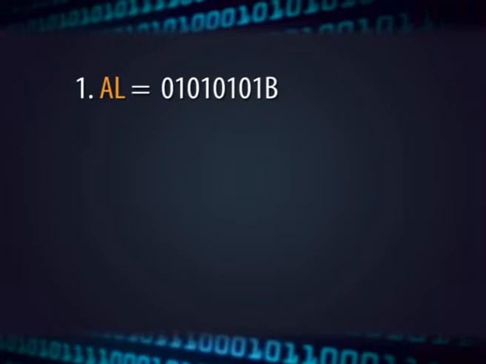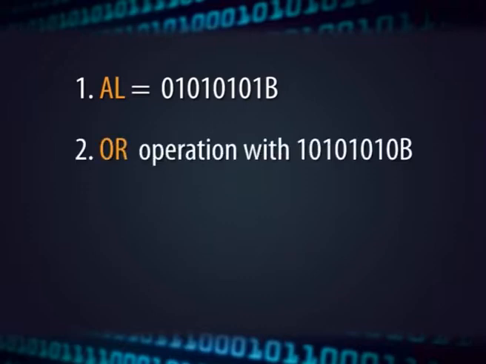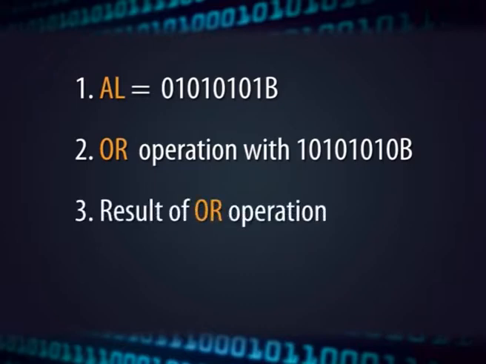The first instruction initializes the register with the binary value 01010101 and then executes the OR operation with 10101010 binary. The result of the OR operation is stored in AL as 11111111, all ones in the 8 bits.